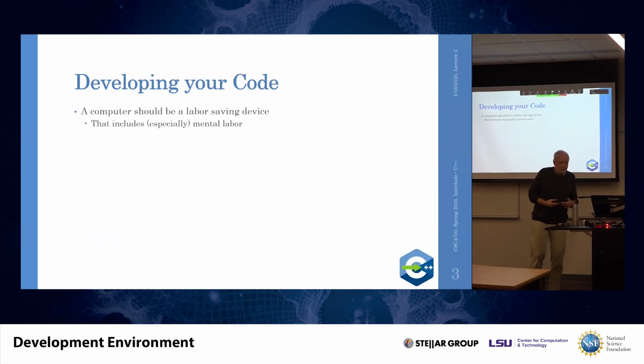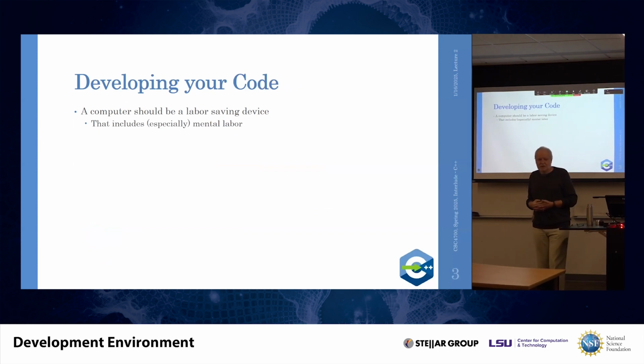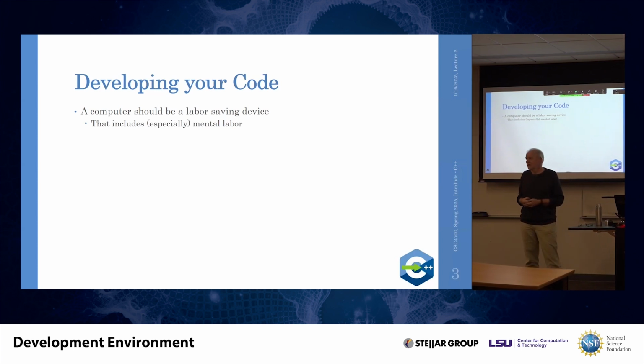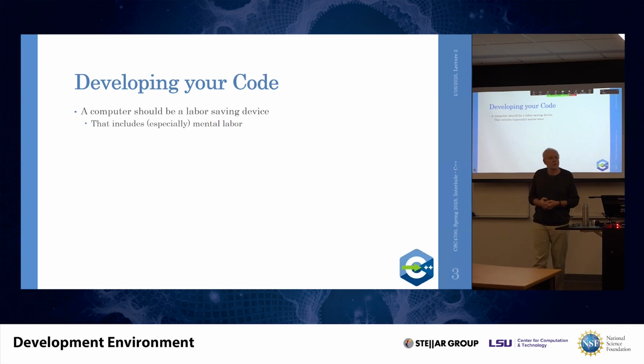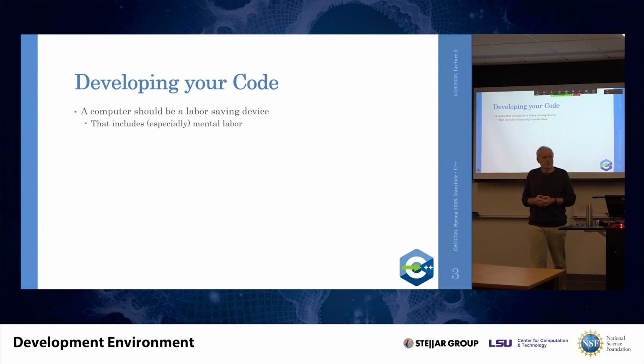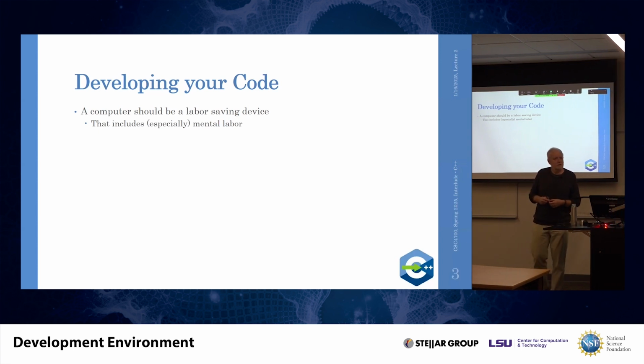Okay. If we start from the general premise that the computer should be a labor-saving device, what is necessary for that? Well, you can use a computer to increase the amount of work you have to do. I remember a time at LSU when the Workday system was introduced. Nowadays, the Workday student system will be introduced, so everybody of you will get in contact with that as well.